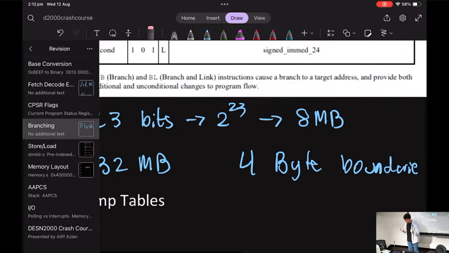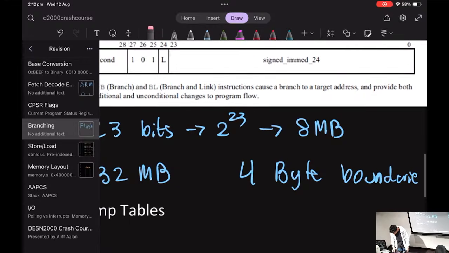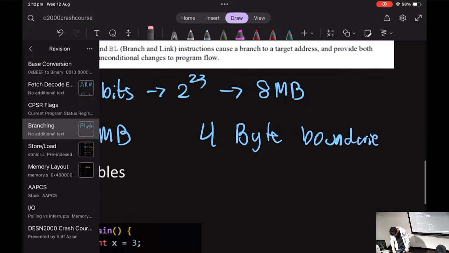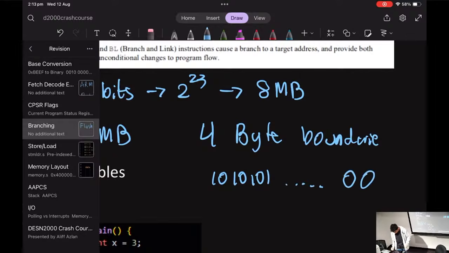So the way to enforce this is by completely excluding those last 2 bits. So if you think about it like this, let's say we have a bunch of binary, and then at the very end, we must have a 0, 0 at the end to make it a multiple of 4, right?